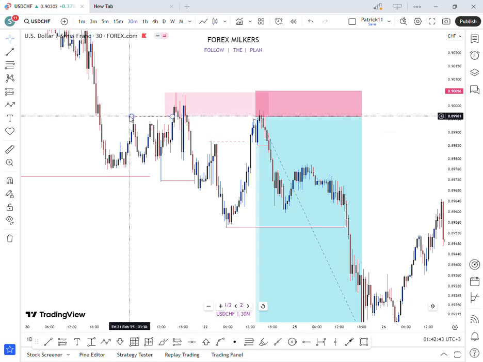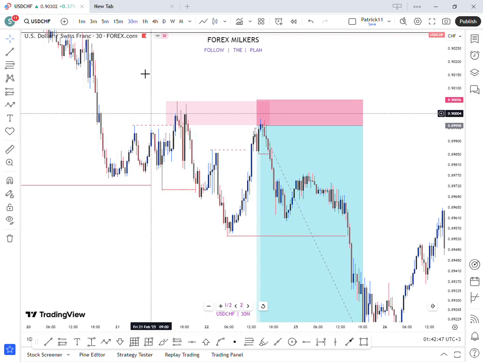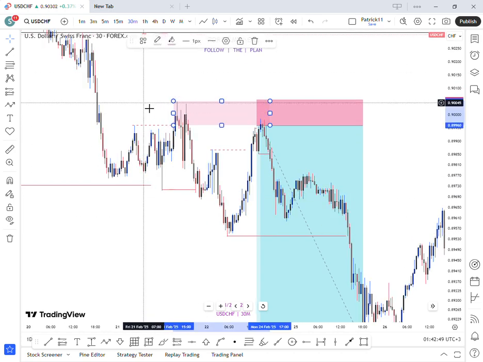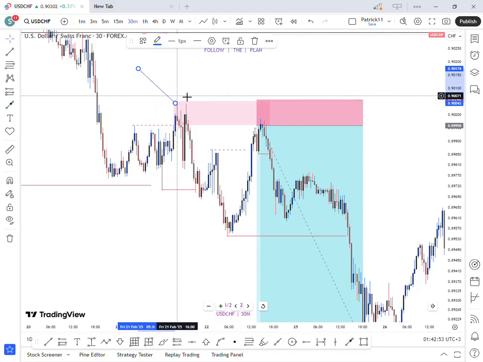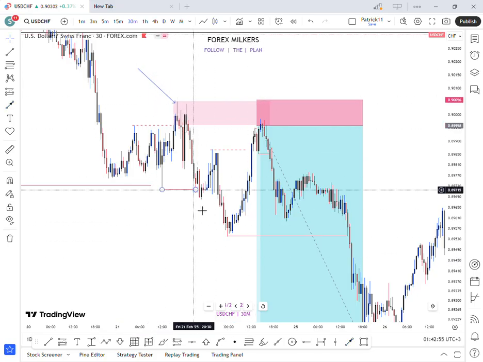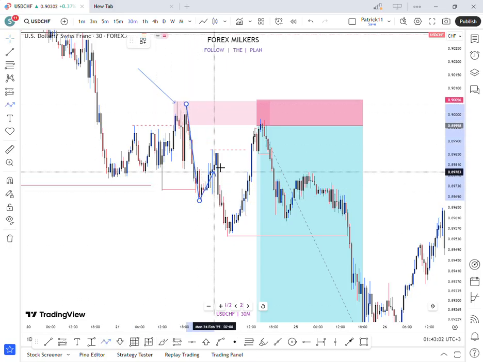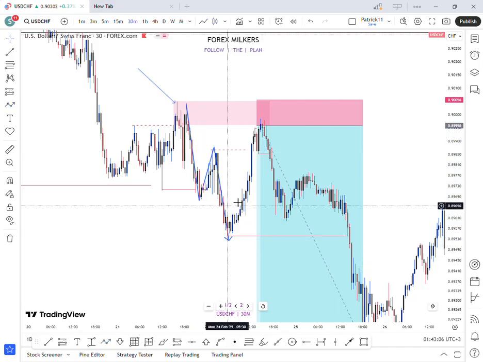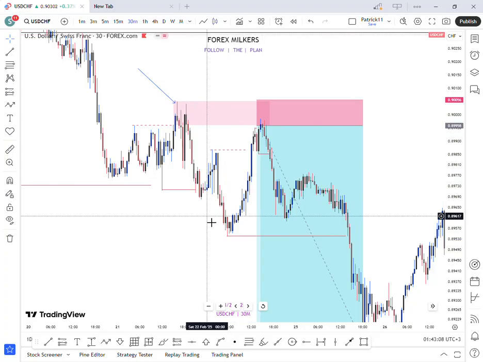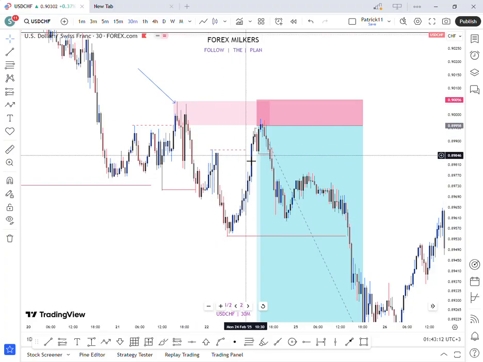Price took out the previous high and broke structure to the downside, meaning that this point now was our strong high. So when price dropped, breaking the previous structure, price pulled back again and then dropped. So I expected price to return, take this high as the liquidity.